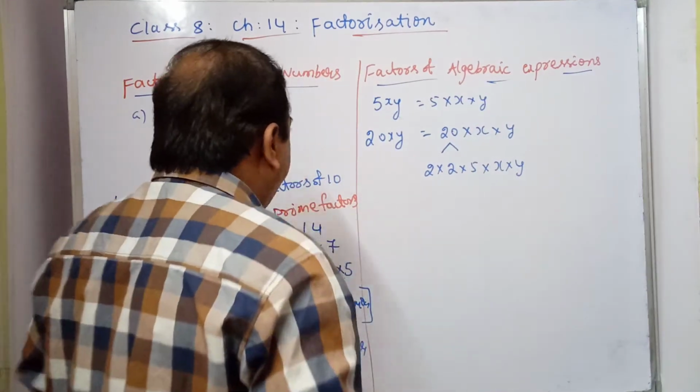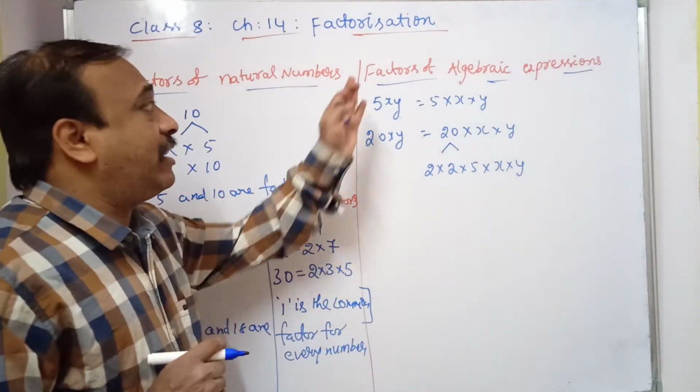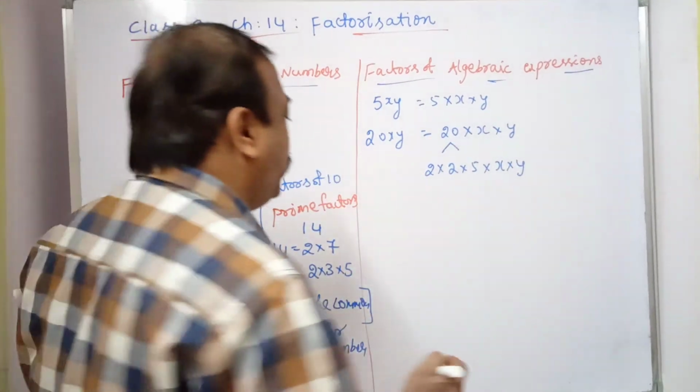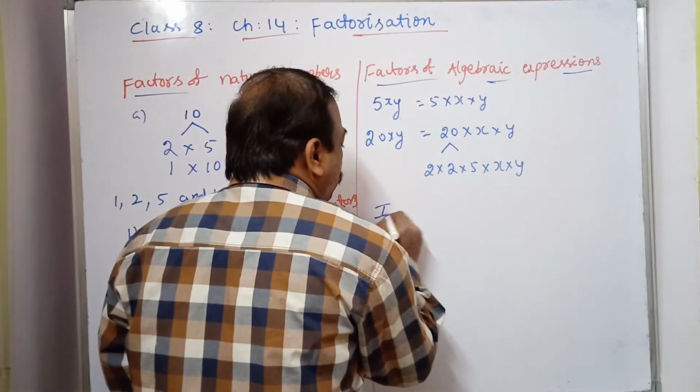For numbers we say prime factors, but in algebraic expressions factorization we use the term irreducible.